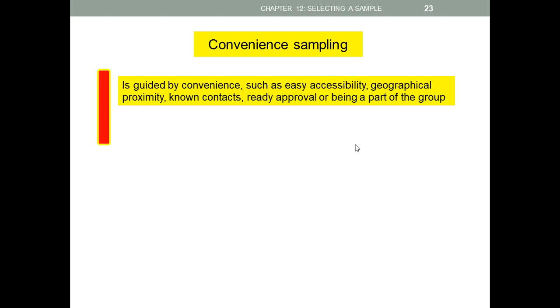Or convenience could mean geographical proximity. Some researchers decide to select school A or institute A simply because such school is close to his or her workplace, or to his or her household, or things like that. Known contacts: I remember supervising my master's student, and I asked him why he decided to select high school A, and he said, I know the school principal over there. We are close.